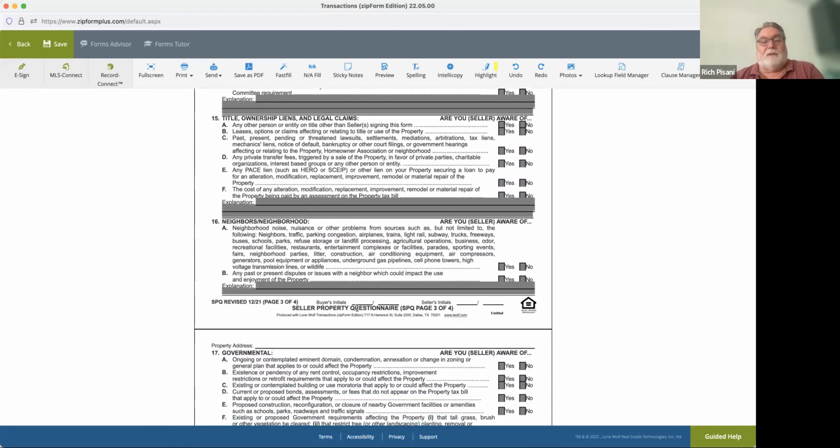This is very important. Those neighbors, those pesky neighbors, somebody having a specific problem with a neighbor. It used to just be neighborhoods, but they added neighbors to it.